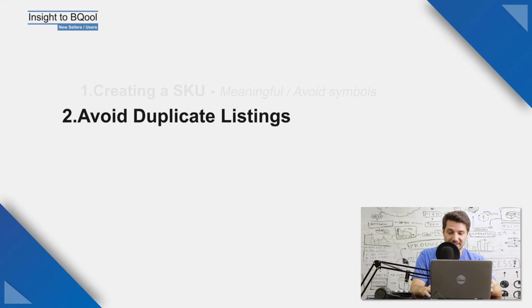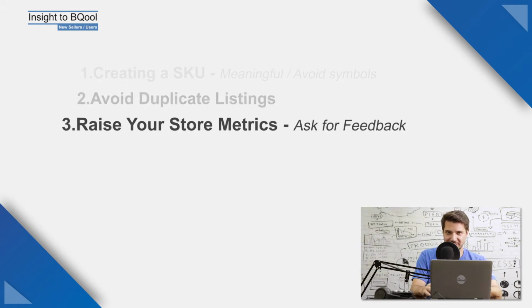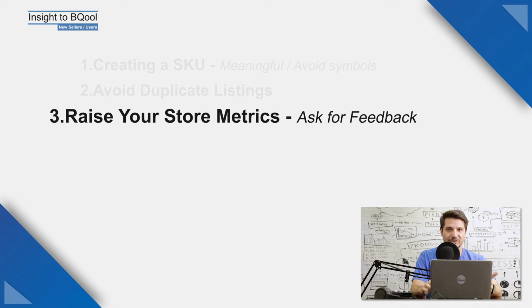Another tip that I would like to give if you just started is to try to raise your store metrics. Since sellers want to win the buy box, the better way to win it is not only pricing, but also having better store metrics. So raise your feedback. In order to raise your feedback, you need to ask for it.